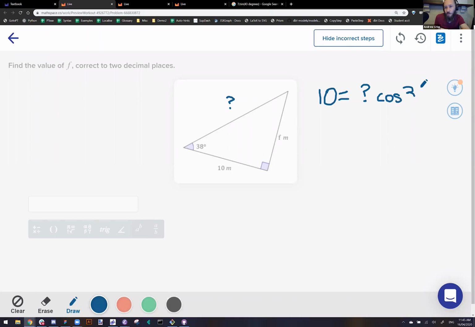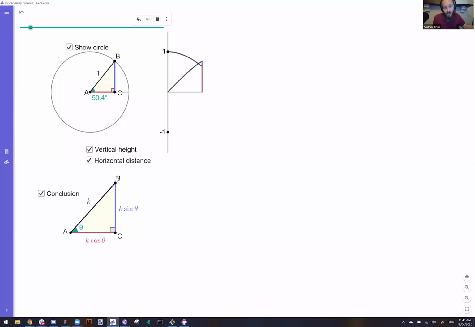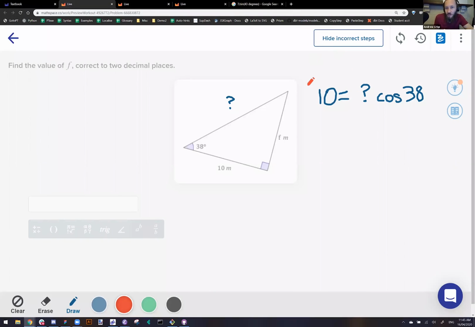I'm going to do the same thing for this side here. I'm just going to copy across from the same equation I was looking at before. I still don't know what it is, but I can say that F, which is this side here, equals question mark times sine 38.